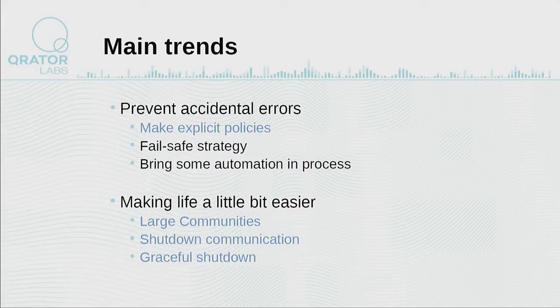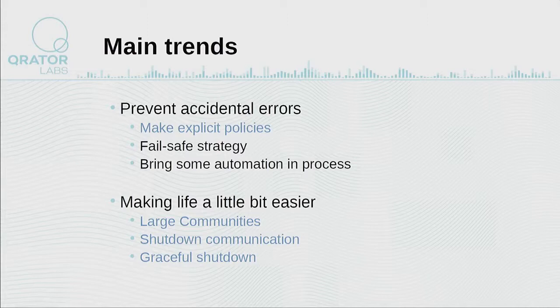And the second part is making the operator's life a little bit easier, and this is a particular kind of problem where there was a problem, there was some kind of solution, and it became a draft. About large communities I was talking before.